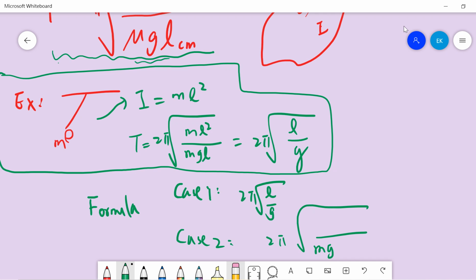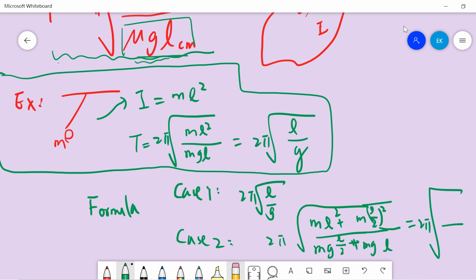So you have two particles, so you need to view this as the sum of the mgL terms, and for I, one is this and one is this.